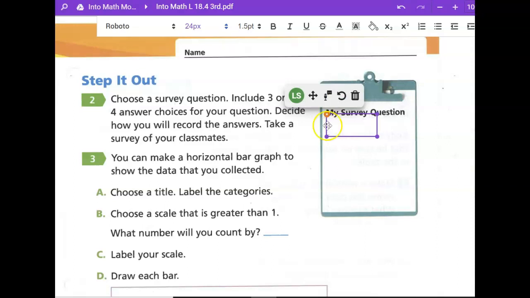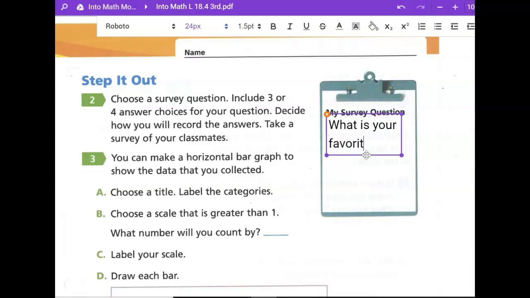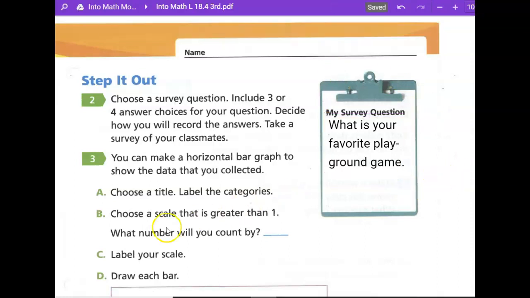My survey question is going to say, what is your favorite playground game? Okay, now since I'm recording, I don't have kids here to vote, so I may just have to, there's one in the book, we're just going to use it.